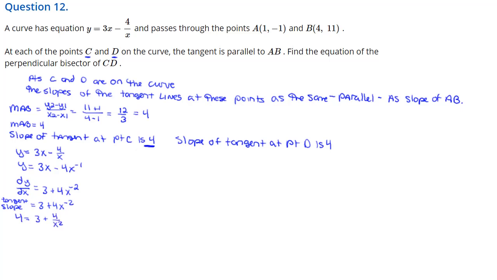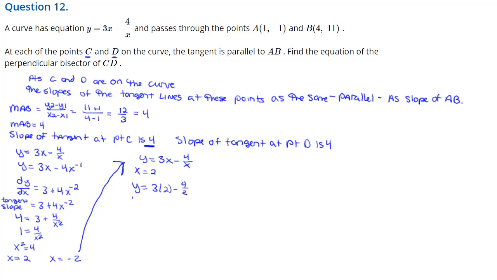And then all I've got to do is get this x by itself. I'm going to subtract 3 on both sides and multiply both sides by x squared. And then x is going to be 2 or negative 2. So one of those x's is point C, and one of those x's is point D. Let's bring them over here. Now we're going to plug these x values back into the original equation.